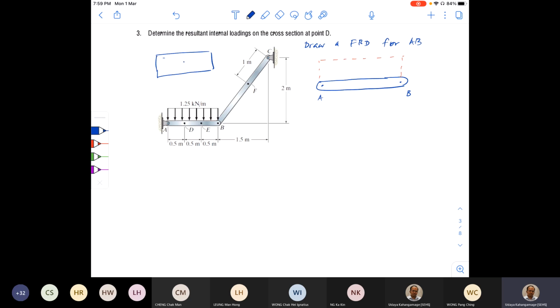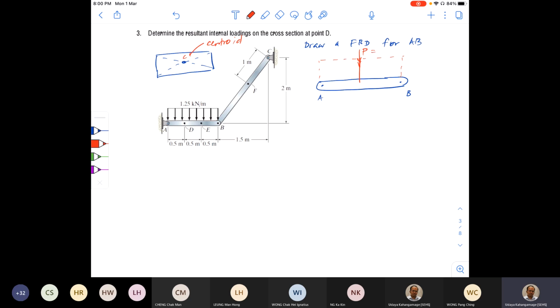How to find out the centroid? You just mark the two diagonals. The intersection point is the centroid. See, centroid. So therefore, your equivalent force, the resultant force, should pass through the centroid. So this is the resultant force P. So what is the value of P?